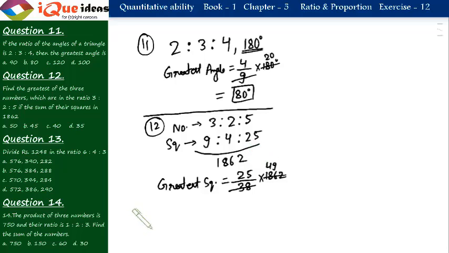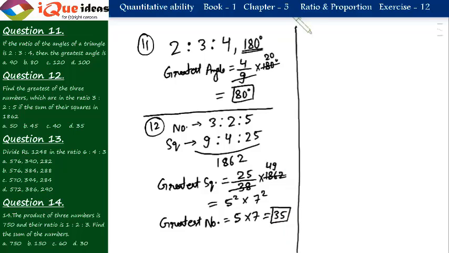So the greatest square is equal to 25 into 49, which is 5 square into 7 square. If you remove the squares, you will get the greatest number. So the greatest number would be 5 into 7, and that is 35. This is how we can solve these questions.